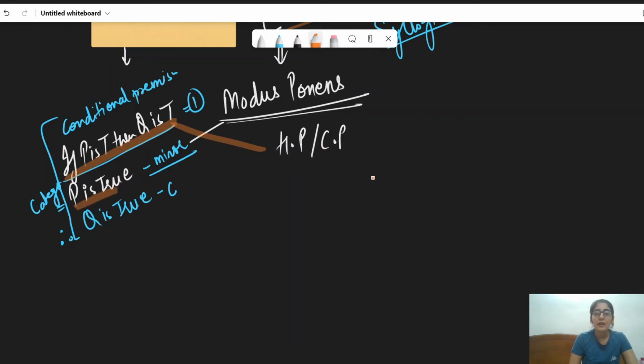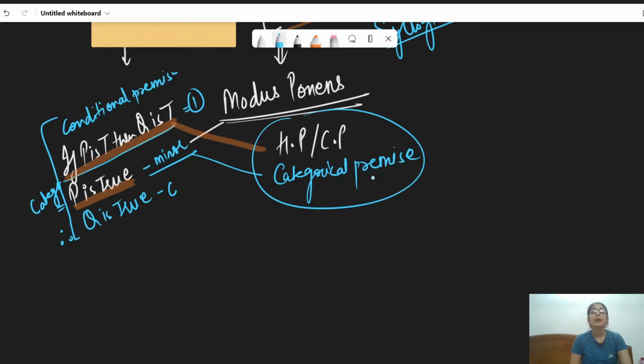And this statement that P is true, the second or minor premise, is a classic example of a categorical premise. So when you see that a syllogism has both hypothetical or conditional premises and categorical premises, you automatically understand that we're dealing with a mixed hypothetical syllogism.